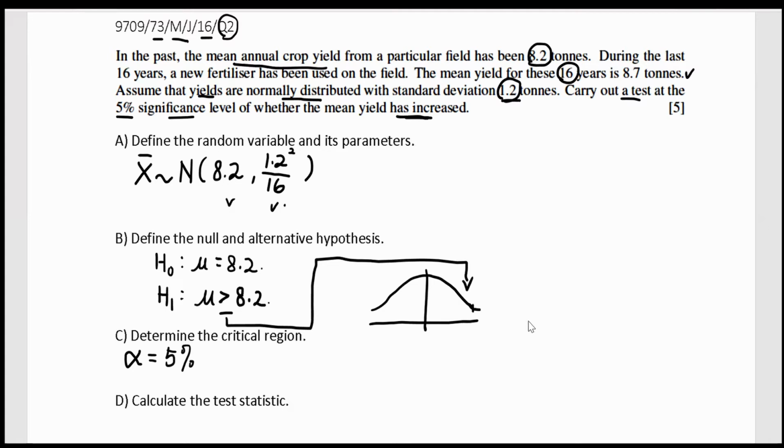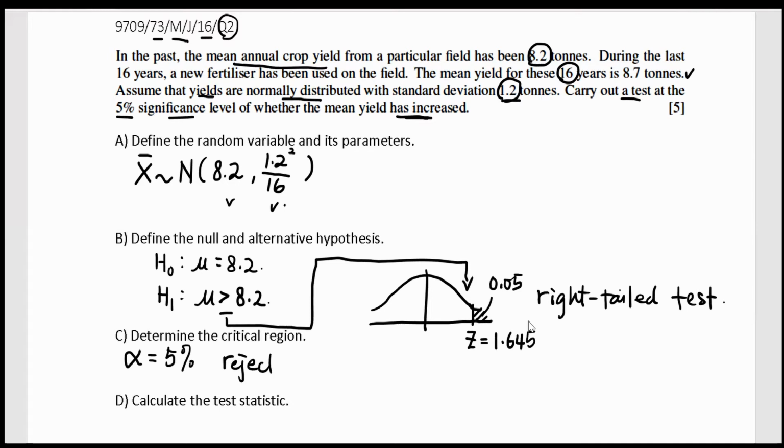And since it's looking towards the right-hand side, we can also call it a right-tail test. This is the probability of the significance level, 0.05, and the z-score value that I found just now, 1.645. So that is the critical region. I'm going to reject H0 if the z-score value is greater than 1.645.